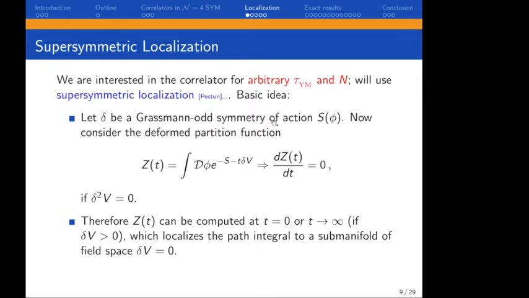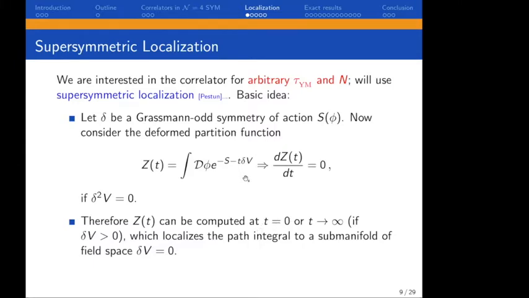Say you have an action and you want to do the path integral, and you can deform the path integral by some deformation which depends on t. First of all, this is a symmetry of the action. Second, if the deformation obeys this condition, it is easy to see that the partition function will be independent of this deformation t. Therefore, we can compute this deformed partition function at any value of t. In particular, t equal to 0 is the one we wanted to compute.